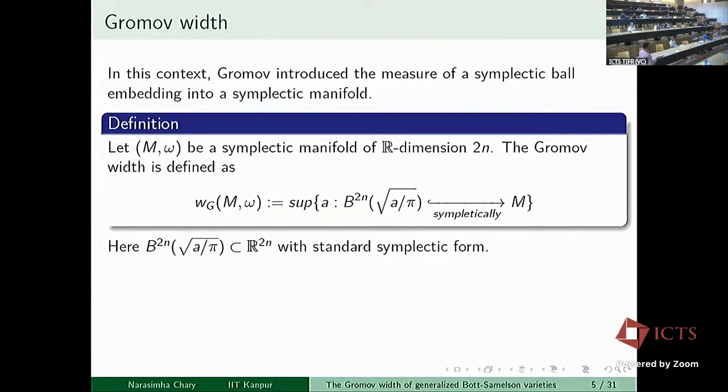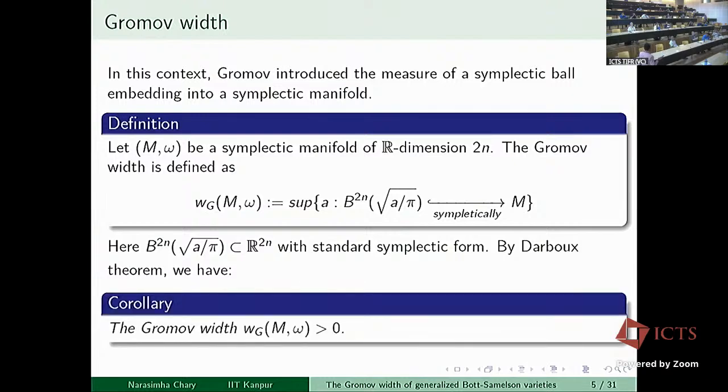By Darboux's theorem, any symplectic manifold locally looks like R^n, which means this Gromov width is always strictly positive, unless M is a point.